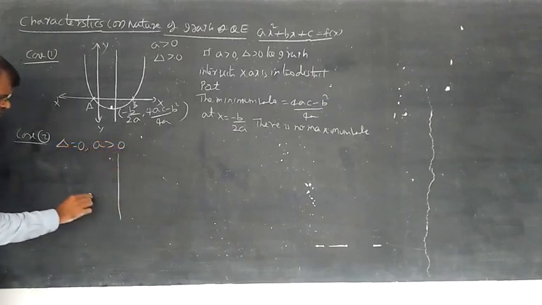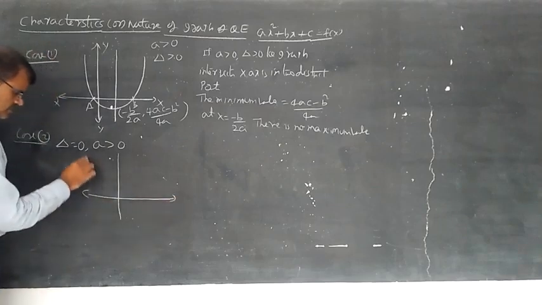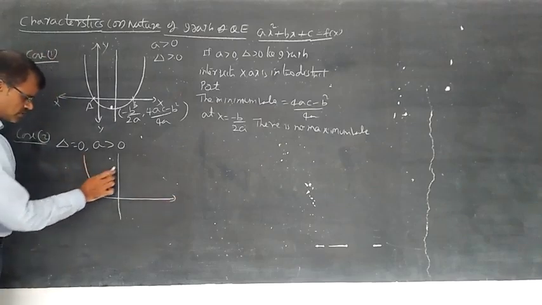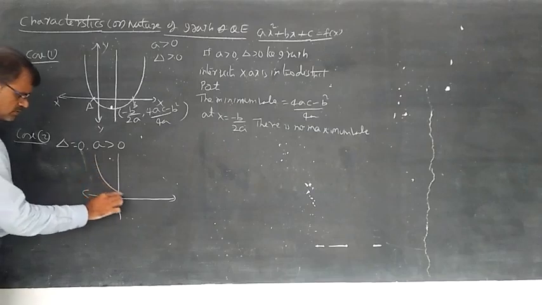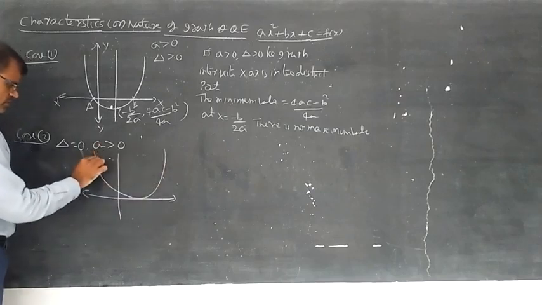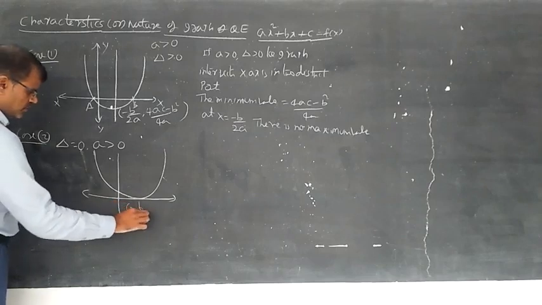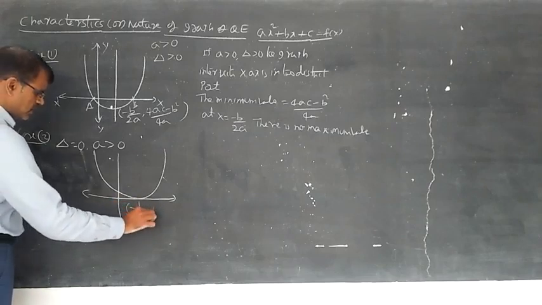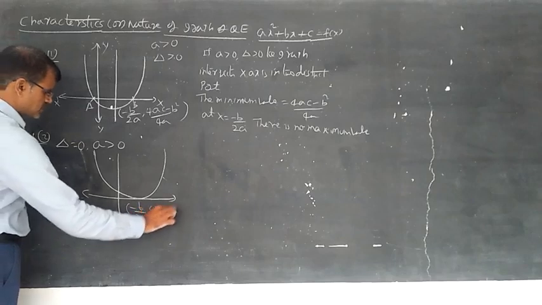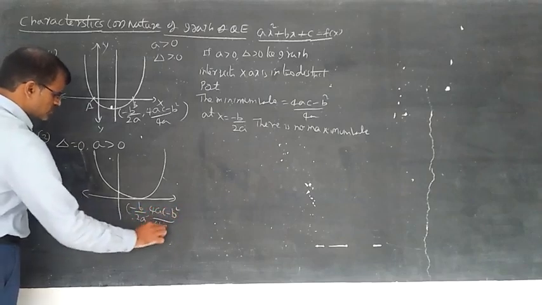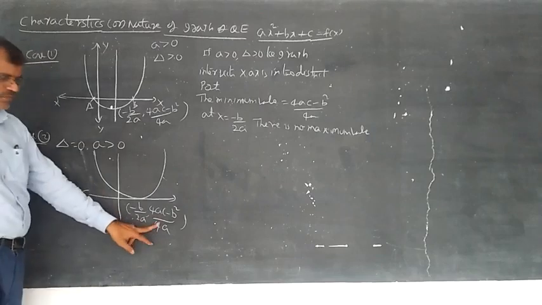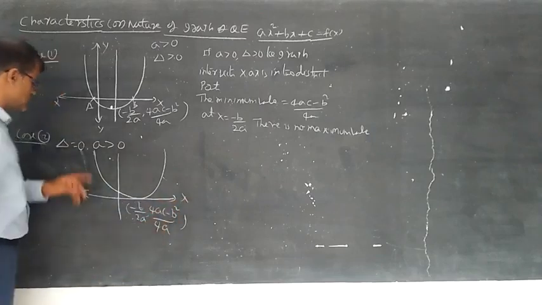The characteristic is like this. You can put it like this. Of course, like this also. There is no question of touching at 0 comma 0. Here you can put minus b by 2a comma 4ac minus b square by 4a. Students, you need to understand that this is 0 because on the x-axis y is equal to 0.